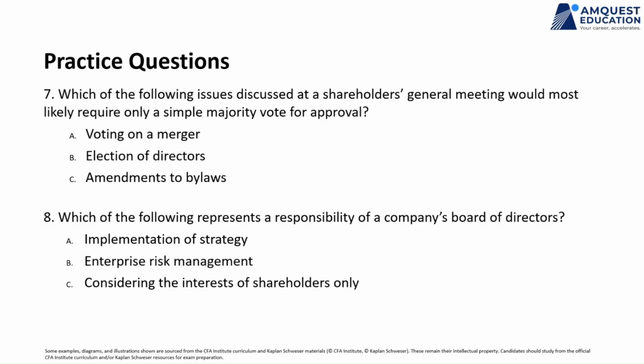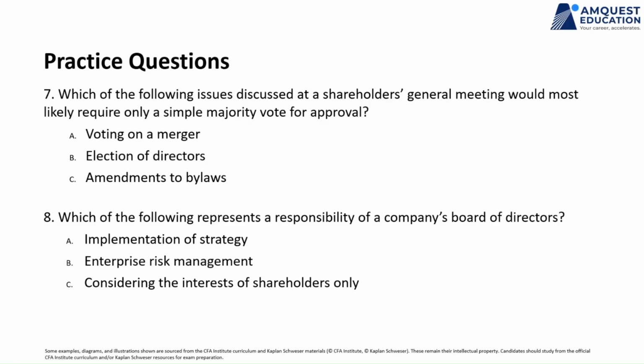Which of the following issues discussed at a shareholders general meeting would most likely require only a simple majority vote for approval? Simple majority vote of approval. Election of directors.